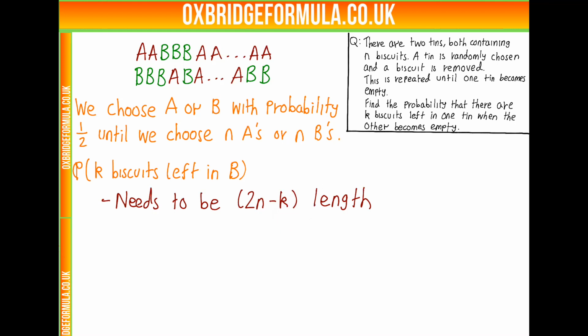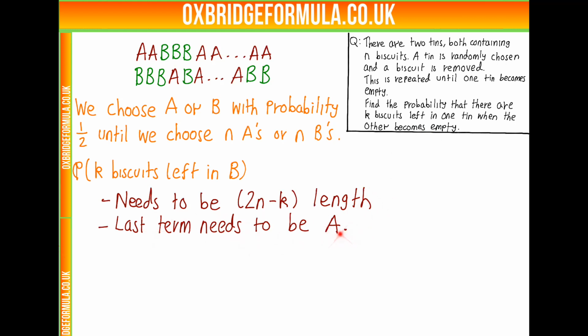But we need to make sure that tin is B, not A. So what we need is the last term of the sequence to be A, because that means we took the last biscuit out of A, so we know there's no more biscuits in A, and there must be K biscuits left in B when we're finished, which is what we want.